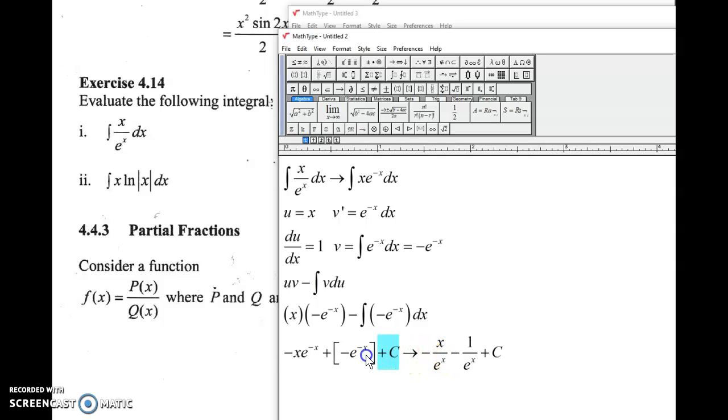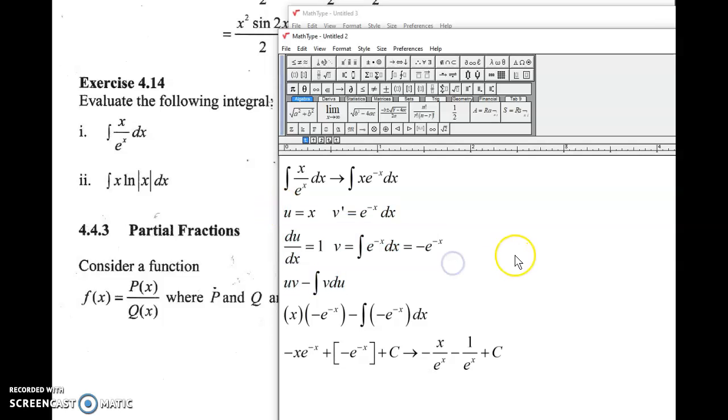So this is also considered correct, and this is the version where you just tidy that a bit. This is for the first question.